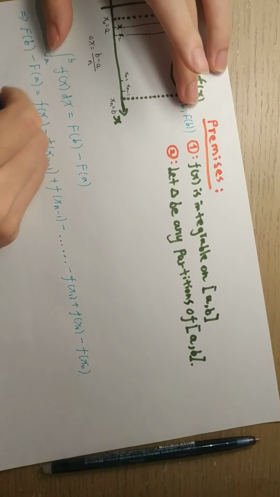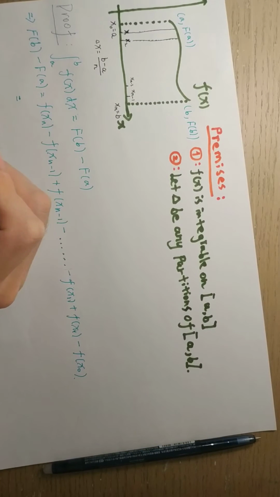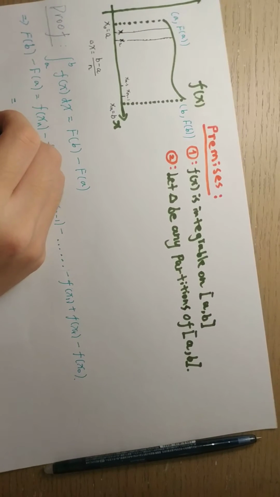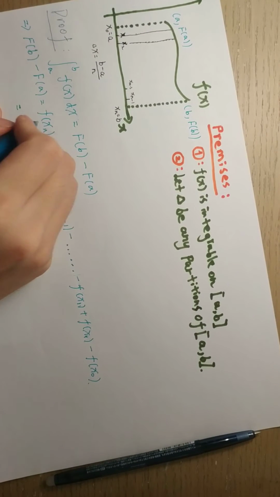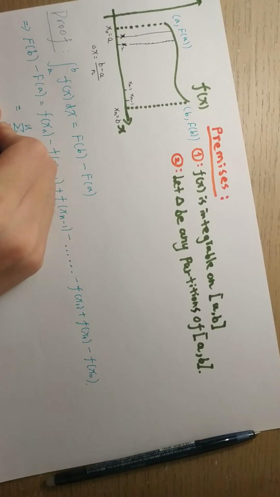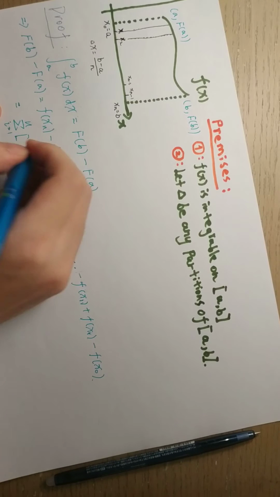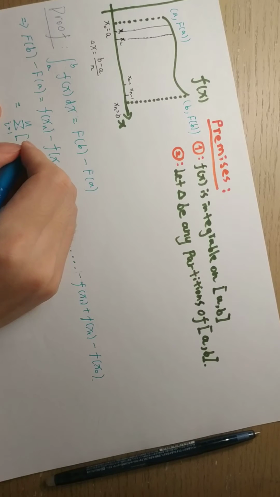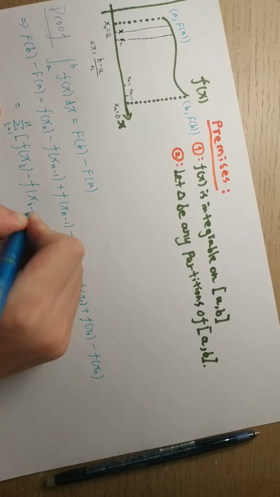We can write it like this, and this would be equal to the series, summing where i is equal to 1 all the way to n, of the bracket f of x i minus f of x i minus 1.